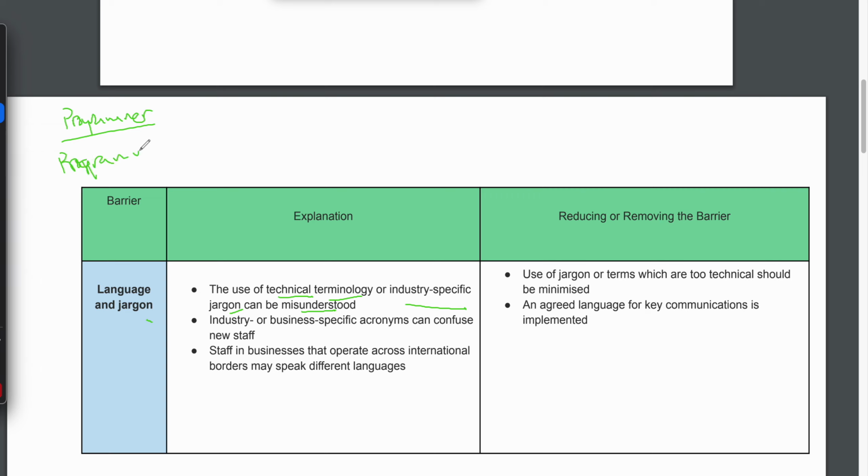Program with bugs. In this terminology, bugs in English probably just means a couple of insects. So if you come through and you're saying that your program is containing some insects, that's going to be something that's not understood by somebody who is coming from a non-programming, or non-computer science background, basically.